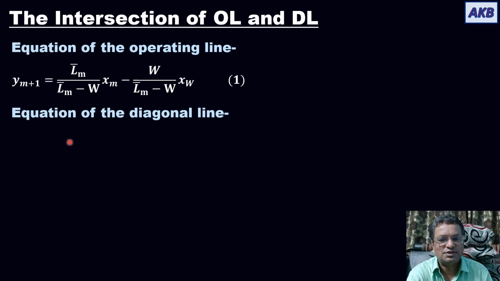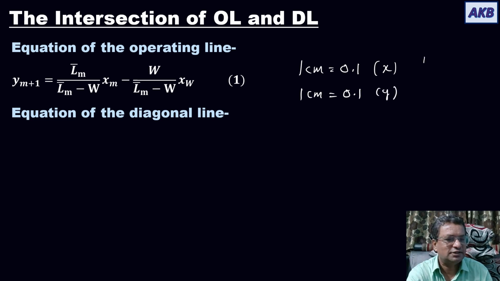will be, since it is a square plot, that means the same scale is used on both axes. The most convenient scale is, on the x-axis, 1 centimeter equal to 0.1 x, and on the y-axis again 1 centimeter equal to 0.1 y.